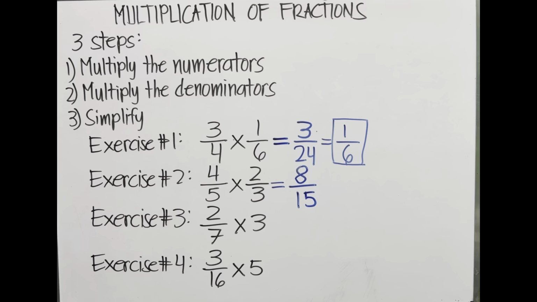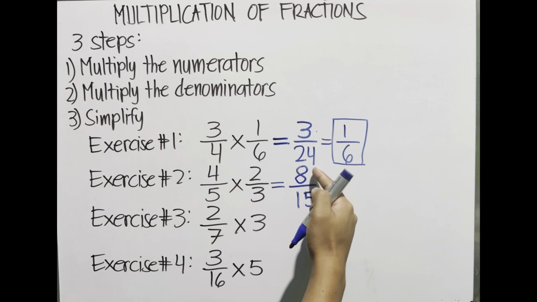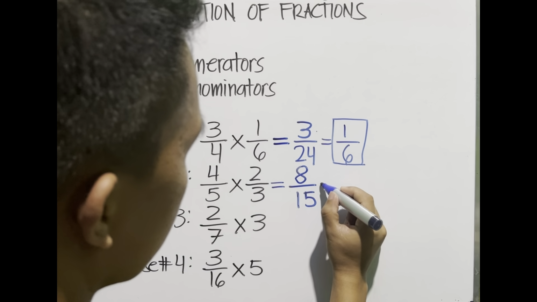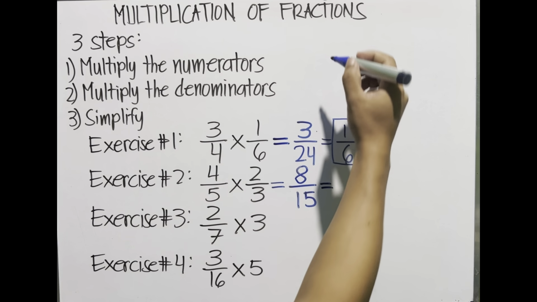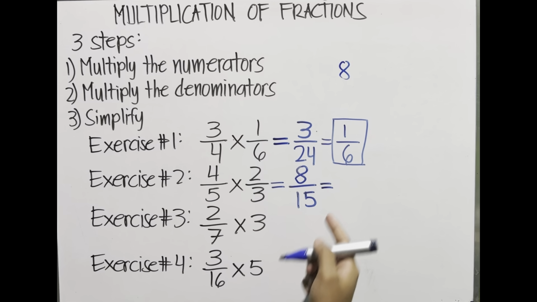So again, number 3, simplify natin. May number ba na pwede natin i-divide sa 8 at saka 15? Dapat whole number siya. So mag-start tayo sa 8. 8 divided by 8, 1.